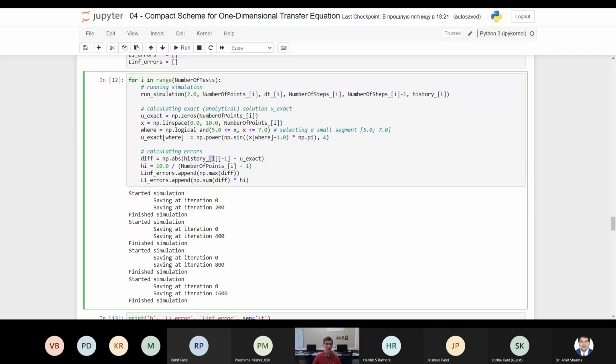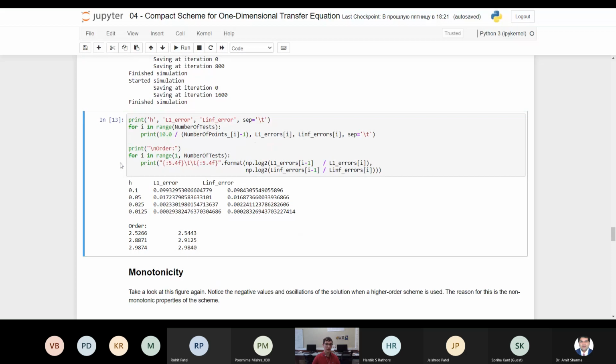I means the current test, and -1 means that the last saved values will be taken, meaning the last time step. And then we actually compute the errors, either as the maximum difference or the sum of this diff array multiplied by the grid step of the current computation.